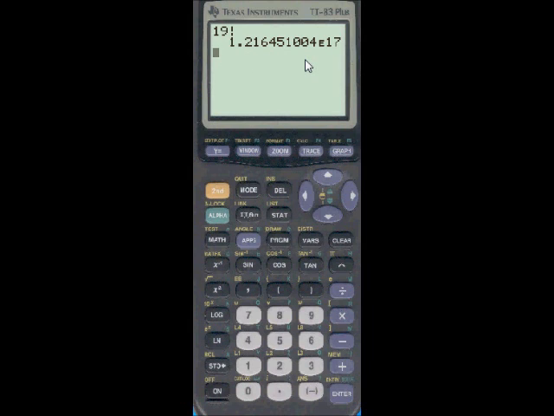The best way to do this is to set up a fraction. 19, and let's get the math here.